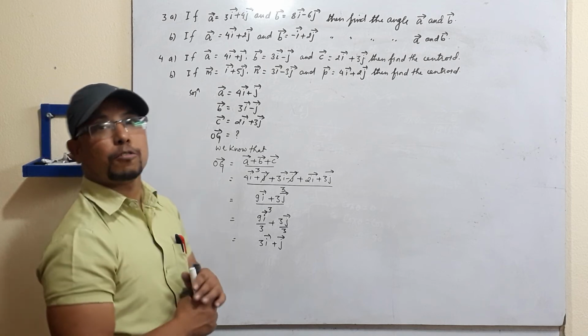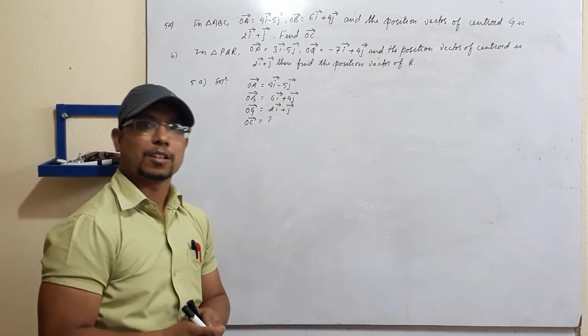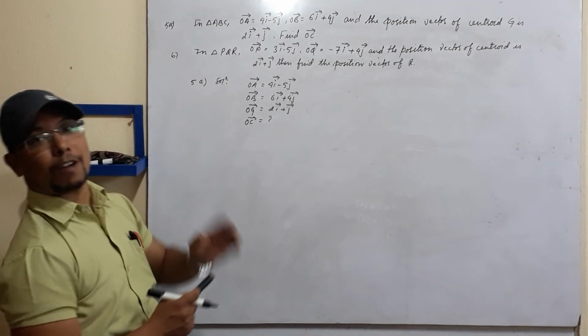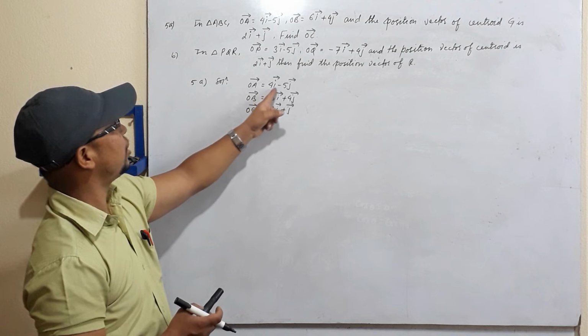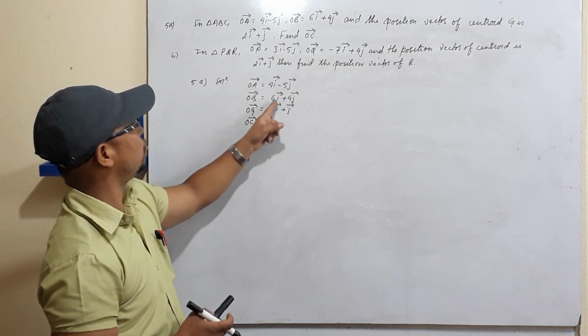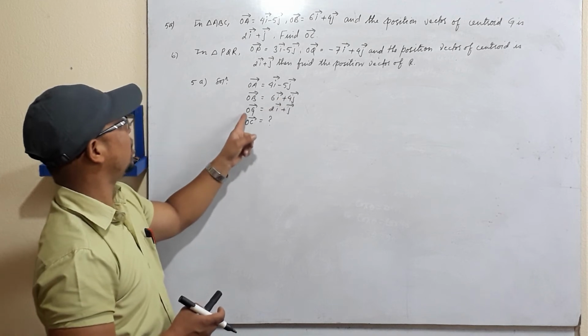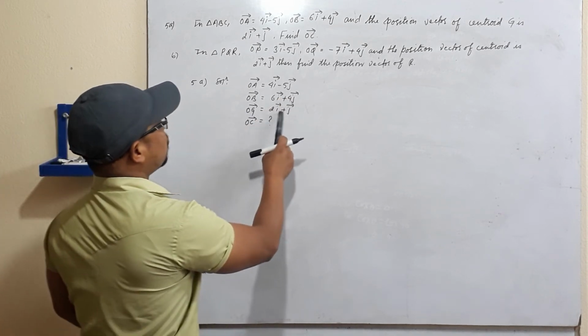Now let's do question number 5. In question number 5, we are given OA vector is 4i minus 5j, OB vector equals 6i plus 4j, and the centroid is given here. OG equals 2i plus j.